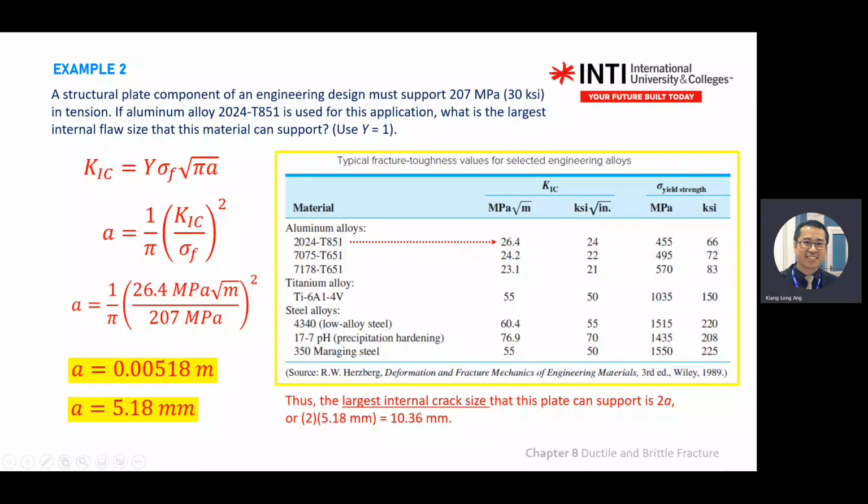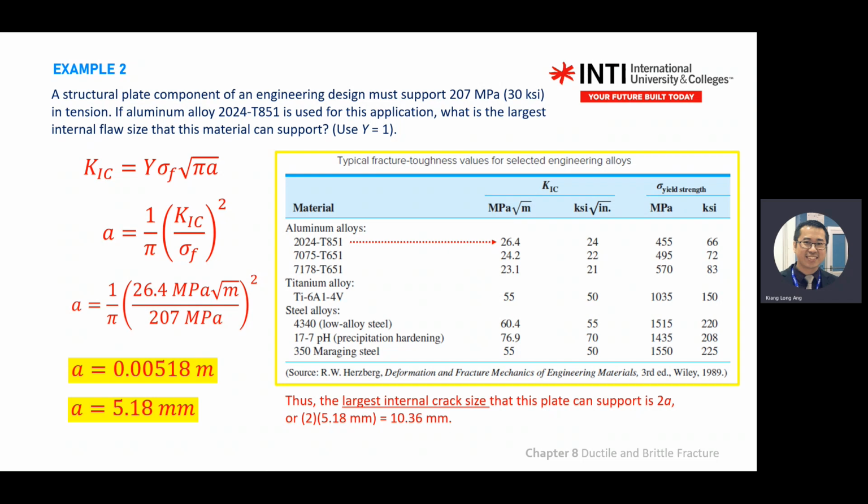Okay, in the previous class we learned about crack size, fracture size. So there's a diagram for you to remember. Every time there's a tensile loading, the next phase will have a growth of cavity.